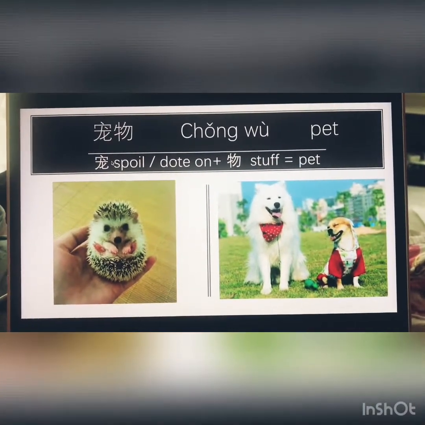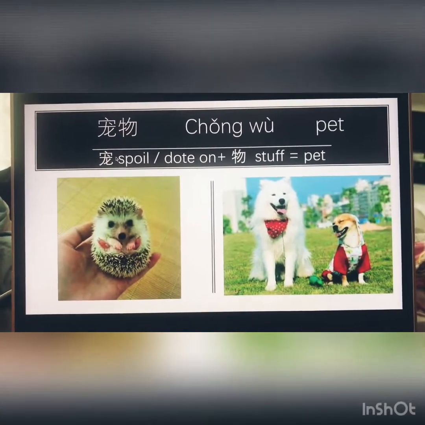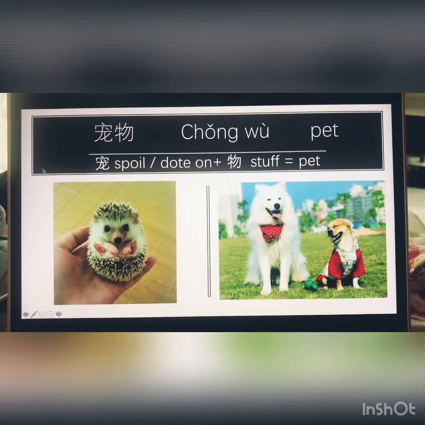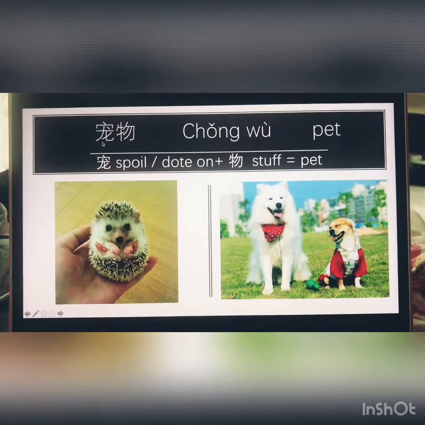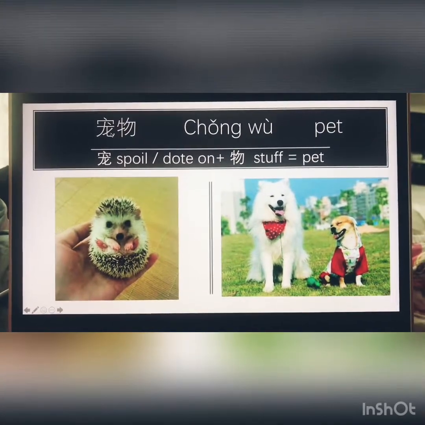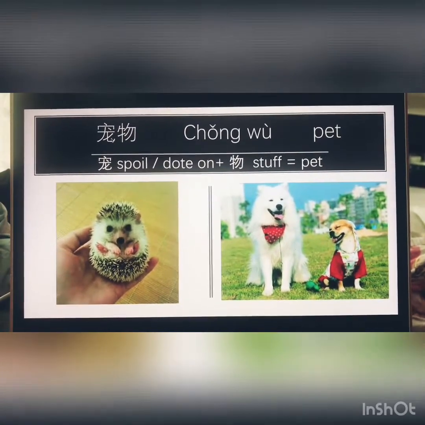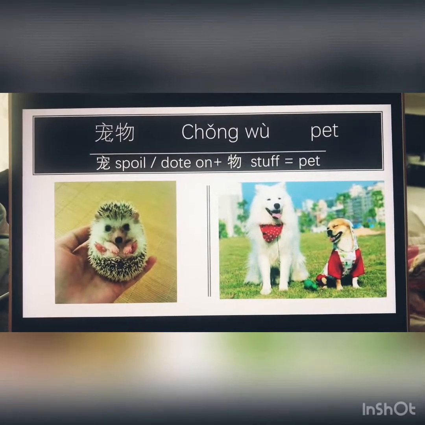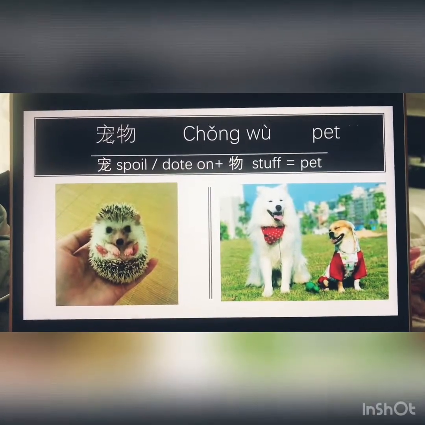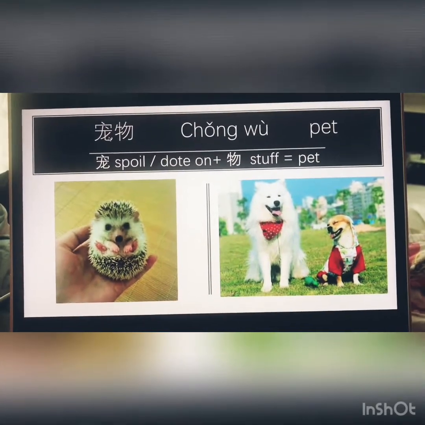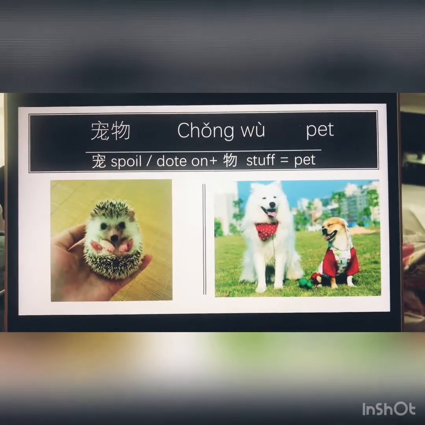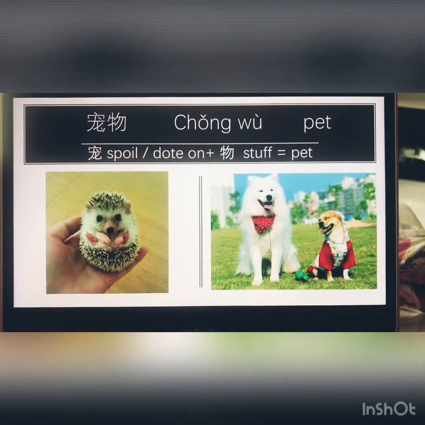It has the same radical, meaning roof. And then the bottom part of the 宠 here, or maybe look at this bigger one, is 龙. 龙 means the dragon. But in this Chinese character, 龙 plays the role of telling the pinyin of the whole character, because 龙 and 宠 sound a little bit connected.